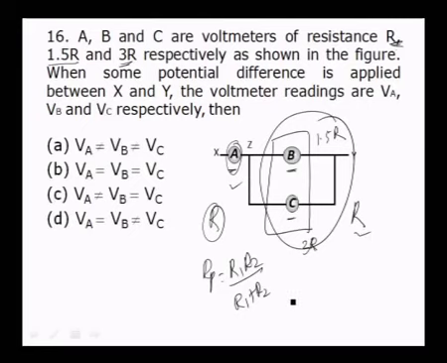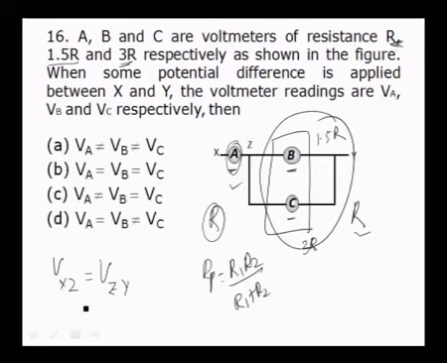It means that the voltage across XZ should be equal to the voltage across ZY, because equal resistors are connected in series. Therefore, the voltage will divide equally.